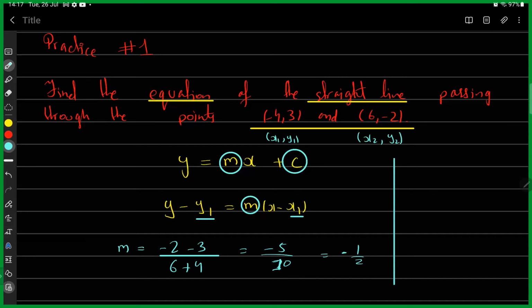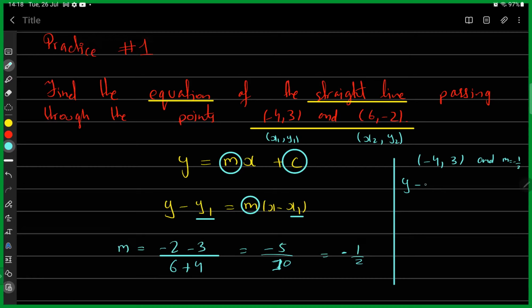Next, I'm only supposed to plug in the values. Now, you can use any of the 2 points and find the answer. So I will use (-4, 3) and m equals -1/2.